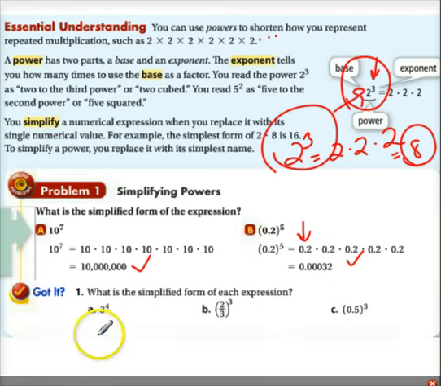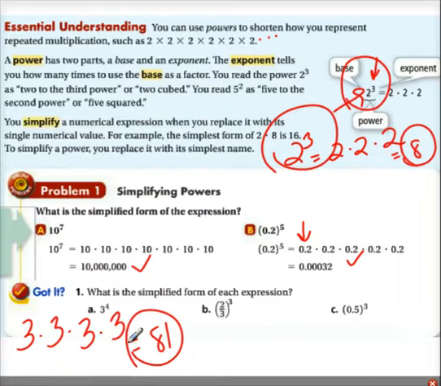So if I were to do another example, 3 to the 4th power is like multiplying 3 4 times. And when I do that on my calculator, I get 81. 2/3 to the 3rd power, same thing with fractions. You just multiply them as many times as it tells you by the exponent and use your calculator to solve.